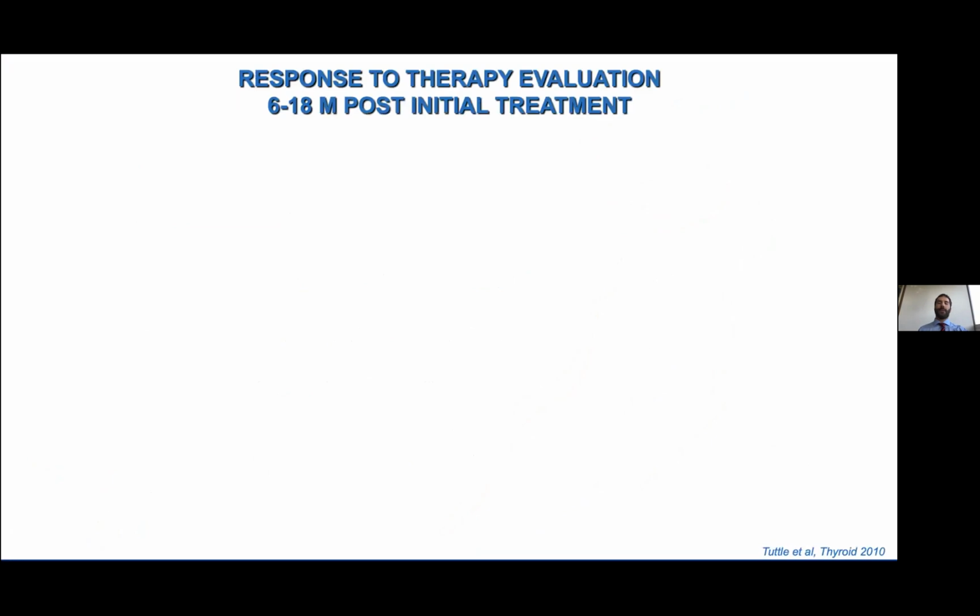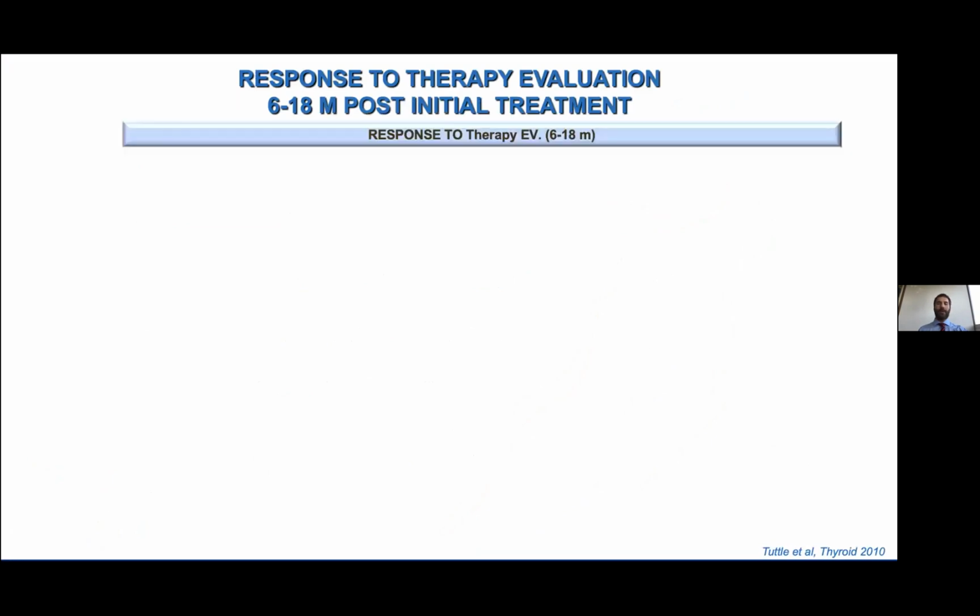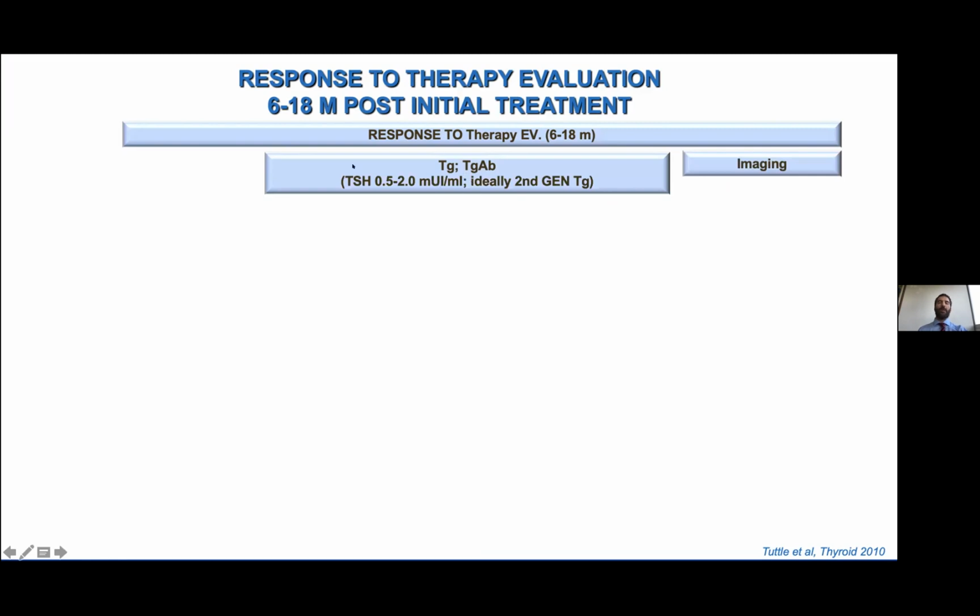So after this initial evaluation, we have to update the risk of recurrence of the patient using an evaluation that should be performed 6 to 18 months after the initial therapy. We have to use thyroglobulin, thyroglobulin antibodies and imaging. Thyroglobulin, as I said before, using levothyroxine with TSH between 0.5 and 2, and when the risk of recurrence is higher, lower TSH.